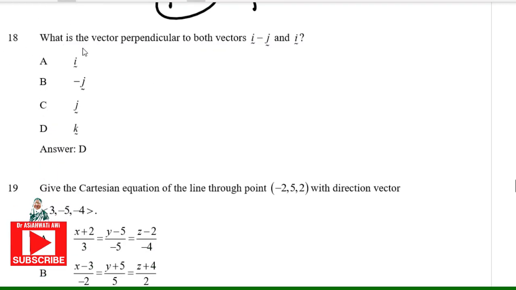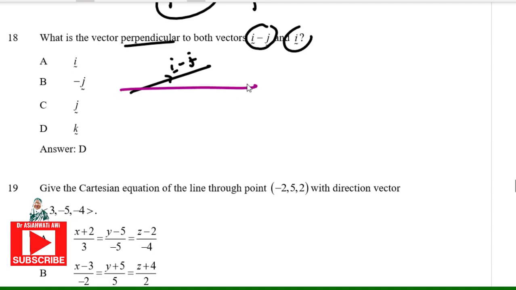Number 18. What is the vector perpendicular to both I minus J and I? The vector is perpendicular to this vector and also this vector.